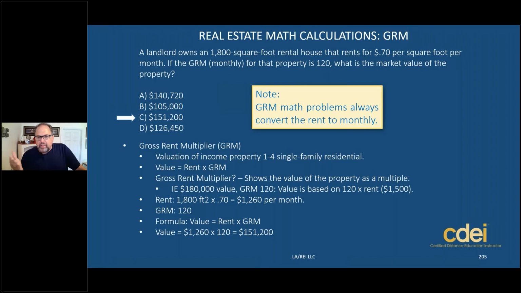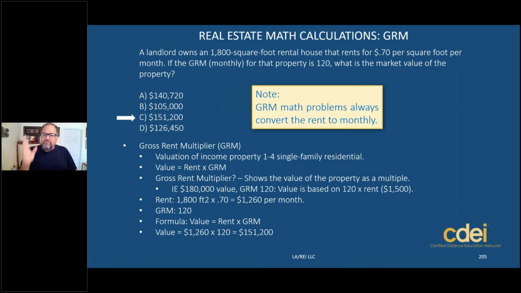And you say, well, John, it gives you the monthly rent here. That's true. When you calculate it, it gives you the monthly rent at $1,260. But they may write this problem out so that a property rents for $24,000 a year with a GRM of whatever number. So you've got to take that $24,000 a year, divide it by 12, and get the monthly rent.